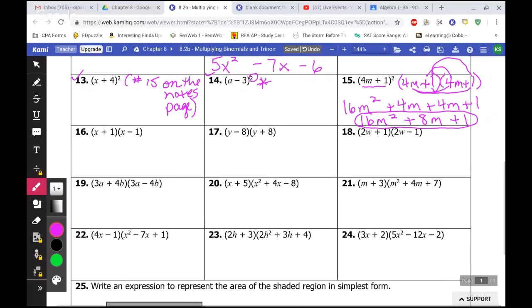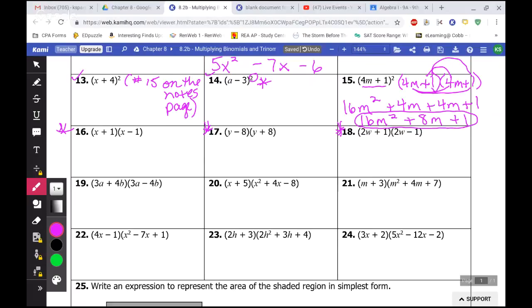Now numbers 16, 17, and 18. These are all those special factoring patterns that are on the video today. And these are known as the difference of squares. But if we apply FOIL, we're going to see on number 16, 17, and 18 that that middle term always cancels out.